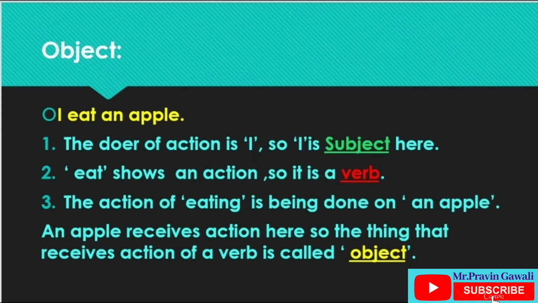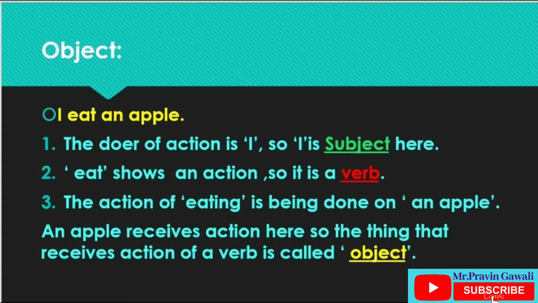So here the doer of the action is known as subject, as well as the subject gives us some information. Now see, eat shows an action, the action of eating. So it is a verb because we know, students, verb shows an action. In this sentence, I is doing the action. So I is the doer of action.